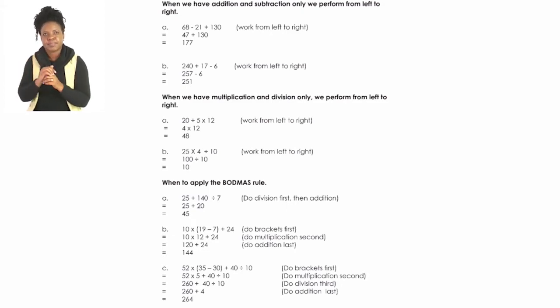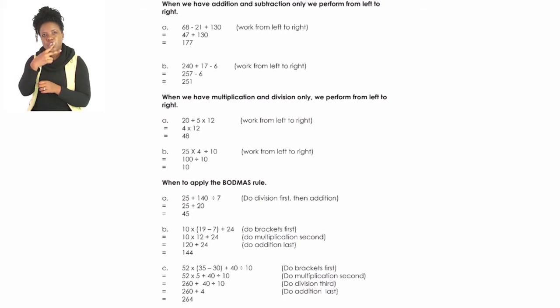68 minus 21 plus 130. Now here we have two operation signs. We have a subtraction and we have an addition. Now we need to apply BODMAS. Remember what we said, BODMAS works from left to right. Addition and subtraction is like brother and sister. The one that comes first, that one we do first.